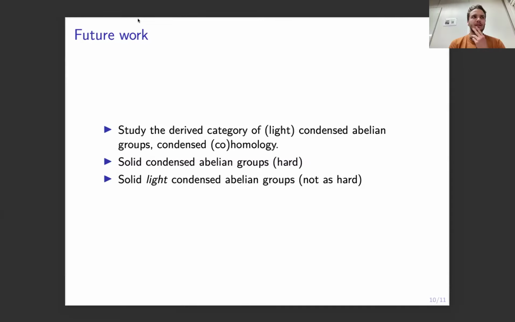Yeah, I think it's approachable. I started working on it on a branch, but then I haven't had time to look at it for a while. To explain to everyone else, there's this one object in light profinite sets which classifies null sequences in light condensed abelian groups, and it's the one-point compactification of the natural numbers.